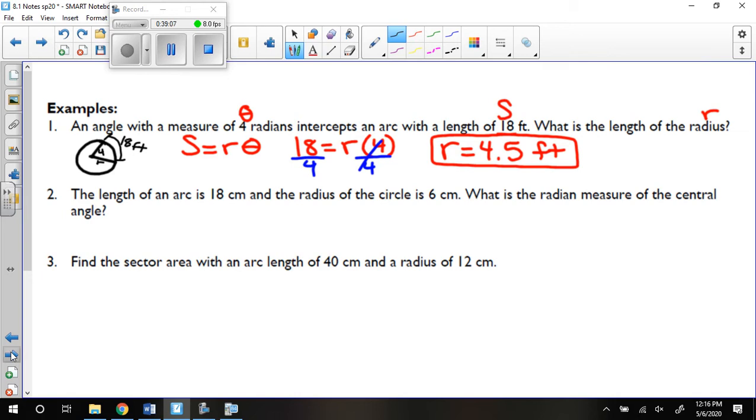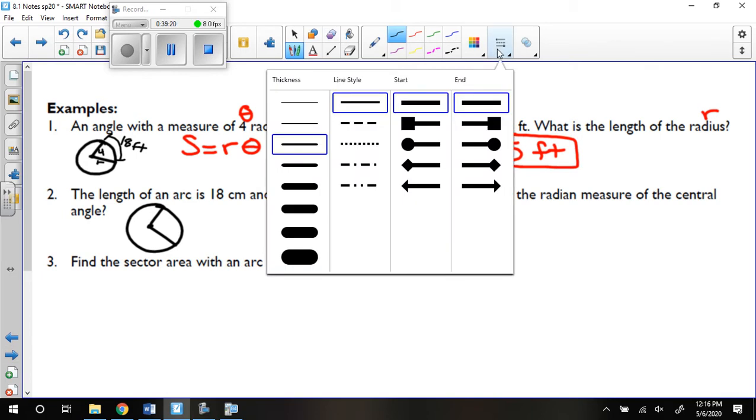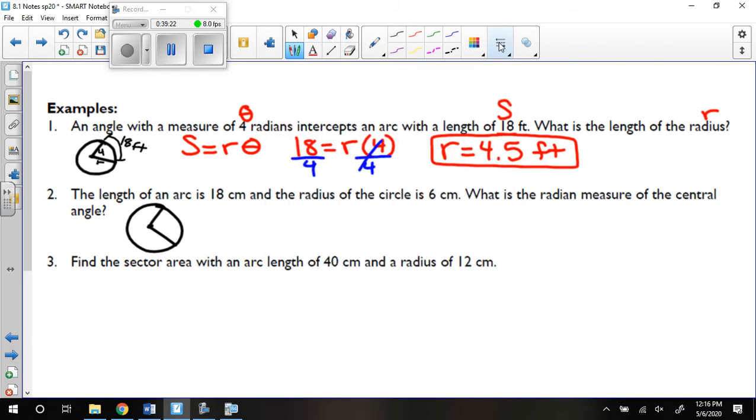Number 2. I'm going to draw a little picture again. And we'll just say that these pictures are not necessarily to scale. I'm just kind of drawing the same picture each time, but with different labels. It says the length of an arc is 18 centimeters.